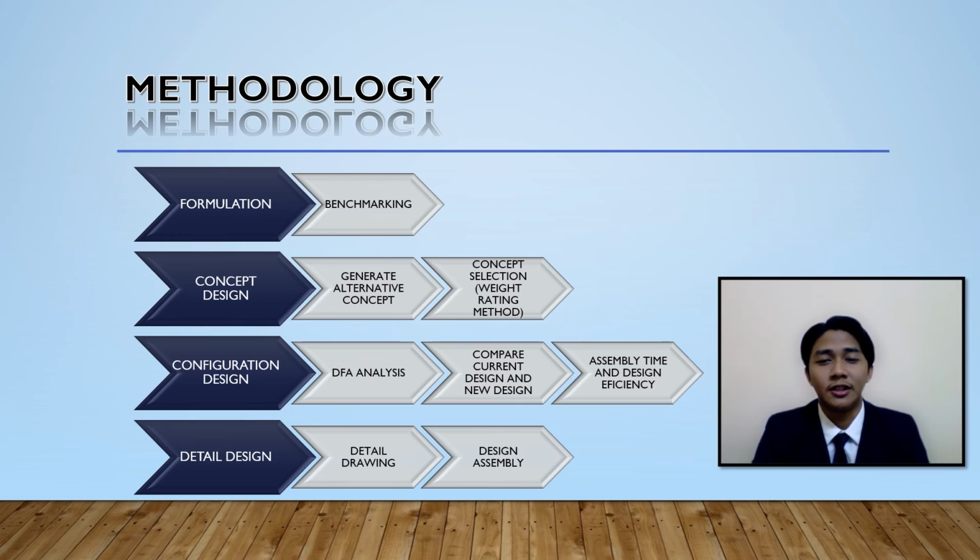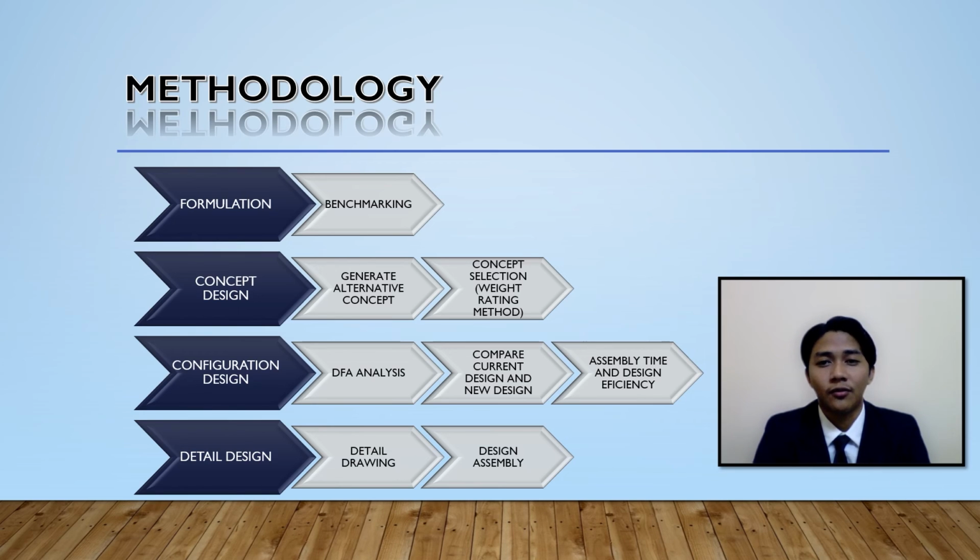After I establish the specification for the Y-axis subassembly, I will design the part, which can also be called the current design. Then, the components and parts for the Y-axis subassembly will go through DFA analysis, or design for assembly analysis, using the DFA software.